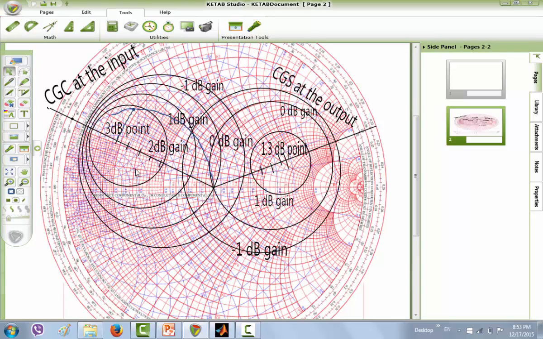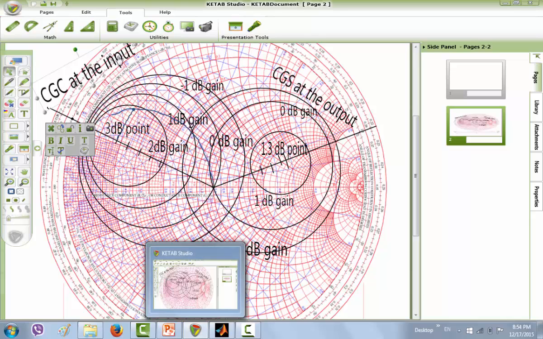I'll call it Zi. So Zi equals 0.18 plus j0.38, and for the admittance, Yi equals 1 minus j0.23. Yes, 0.23. And of course Z0 and Y0 equal 1.